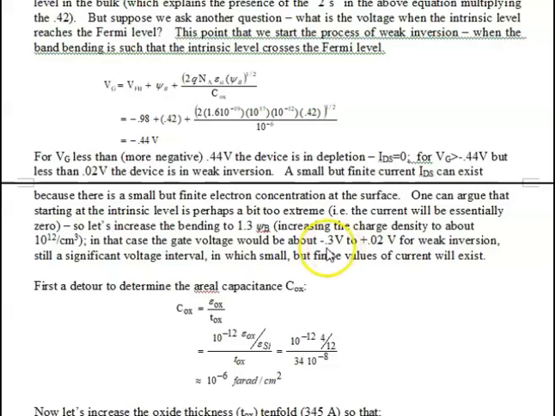So that is really a little bit more realistic, but even at about a third of a volt, it's very possible the gate voltage would be in that region, and we would have a finite current where we don't want it, and that is not a good thing.